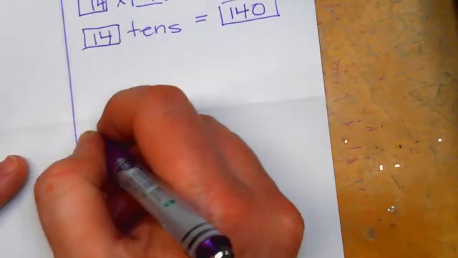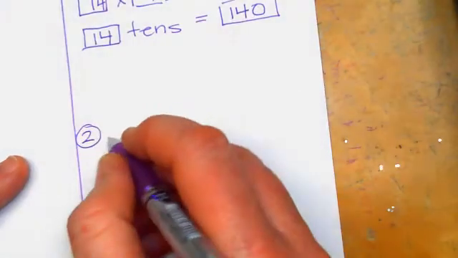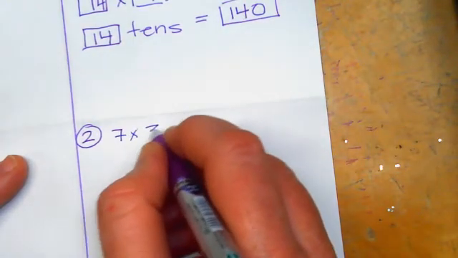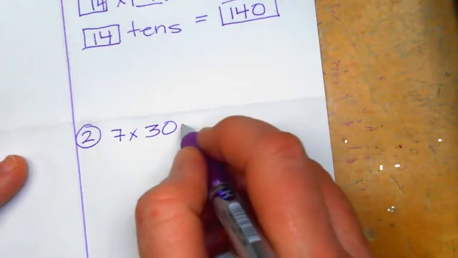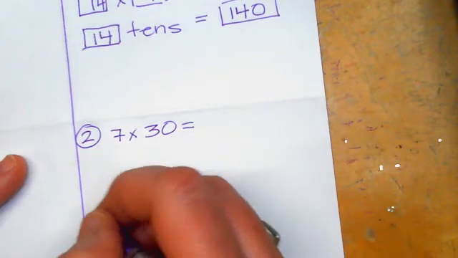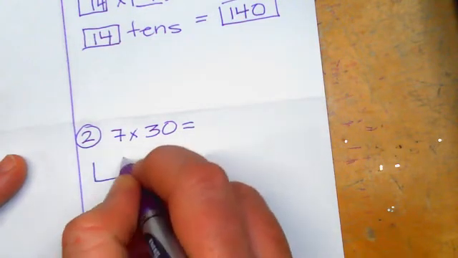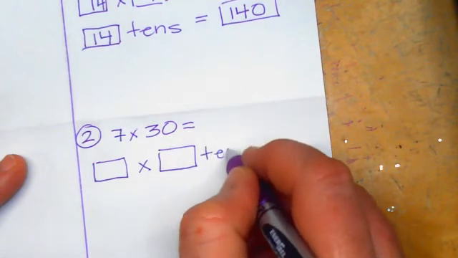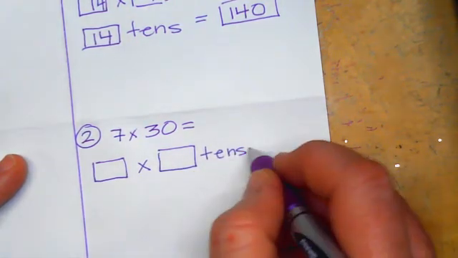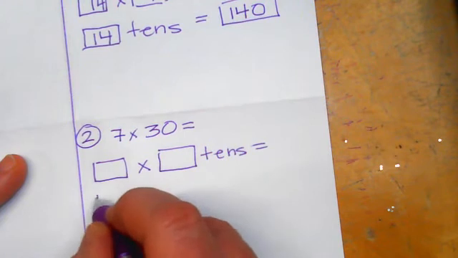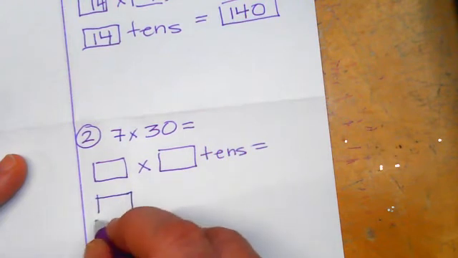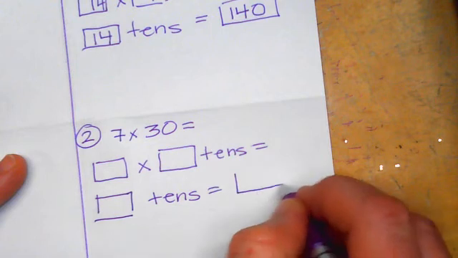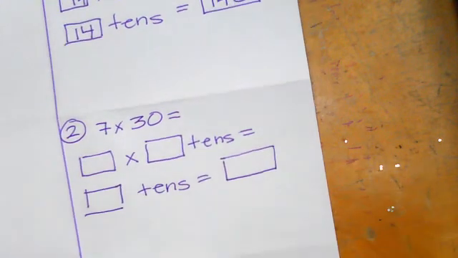Okay, let's look at number 2. If it doesn't make sense yet, it will shortly. So now if I have 7 times 30, that equals green box times green box tens, and that equals green box tens, and that equals green box.